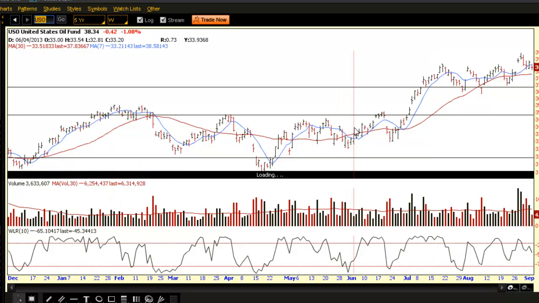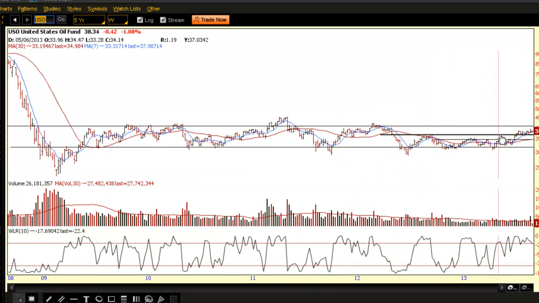If we come out to a 5-year chart though, you will see where that new support line is in relation to the long-term channel here, $40 and $31. So the long-term 5-year weekly channel is between $31 and $40. Somewhere in between that, about $35 would be the midpoint of this long-term channel.